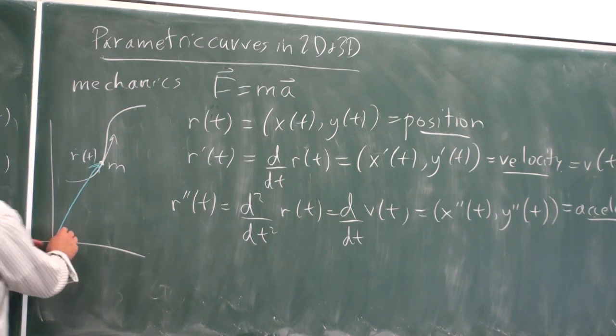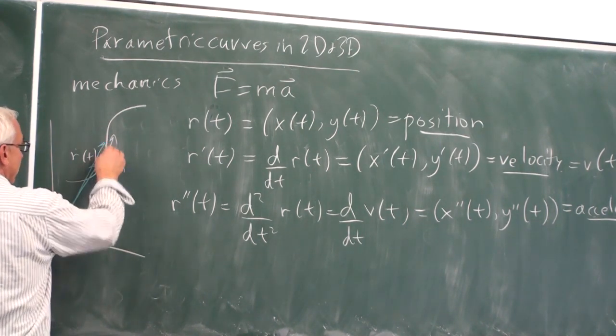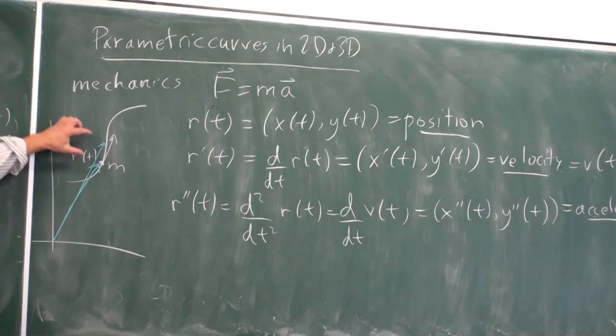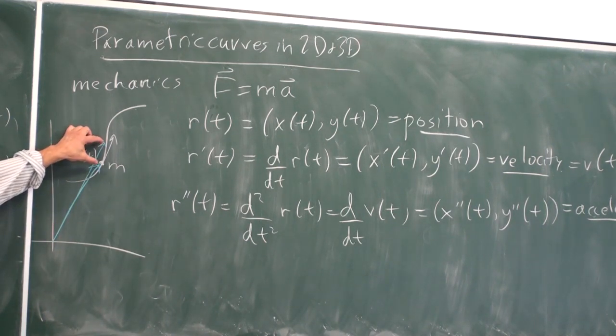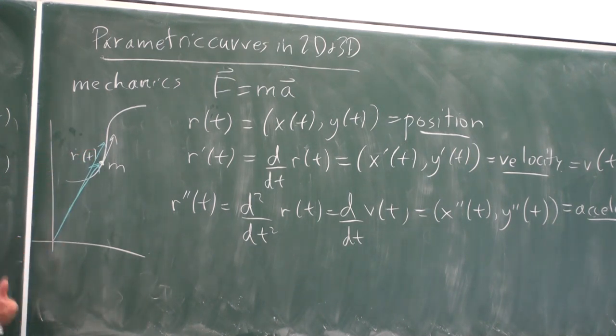As t goes along, the vector is moving, and there is a change in the vector. That change in the vector divided by the change in time has a limiting value, and that's the velocity, which is going to be a tangent vector to the curve.